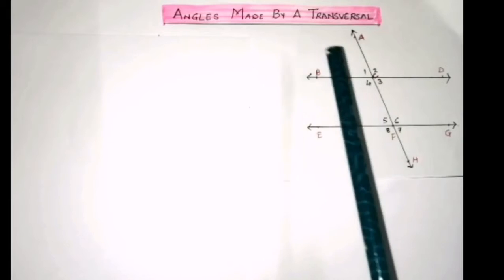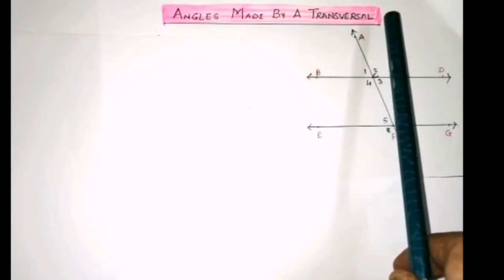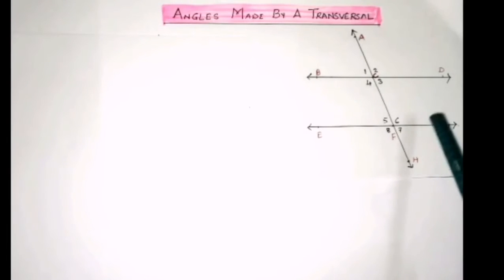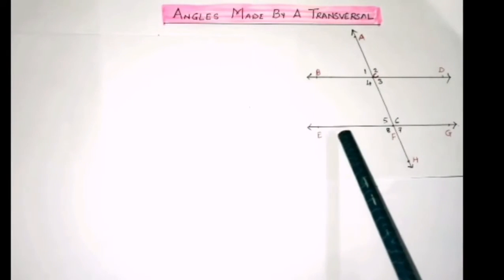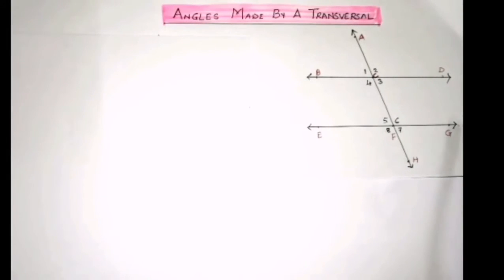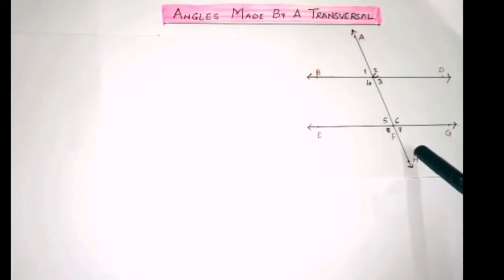Now let's talk about the angles made by a transversal. Here we see a figure in which line BD and line EG are two lines and line AH is the transversal of these two lines.